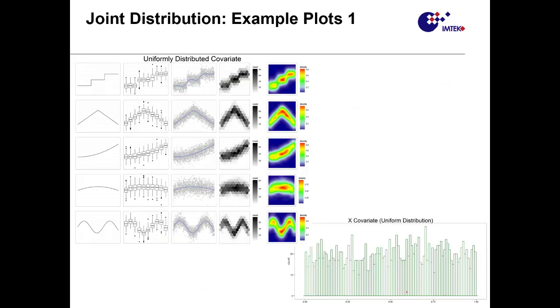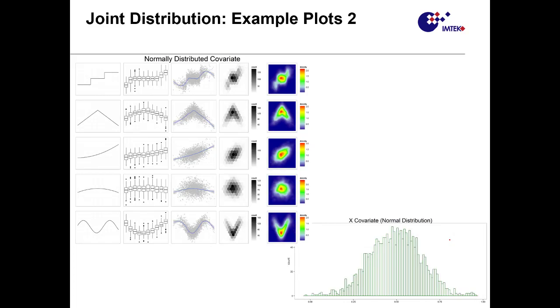So the covariance can also be distributed in different ways. So it can be, for example, this is how the points spread for different functions, right? And here the covariance has been uniformly distributed. So you can see that for all the points, you have pretty much the same spread, okay?